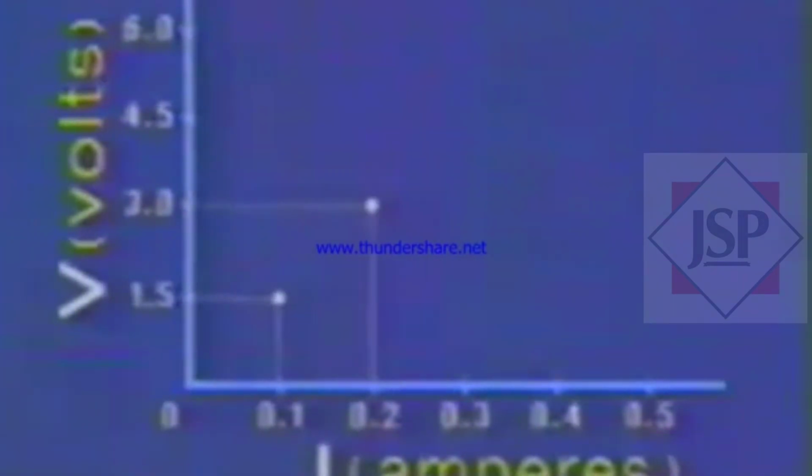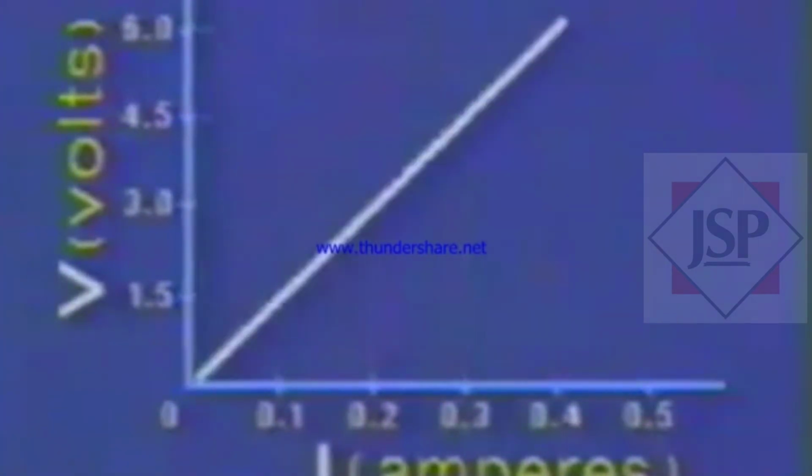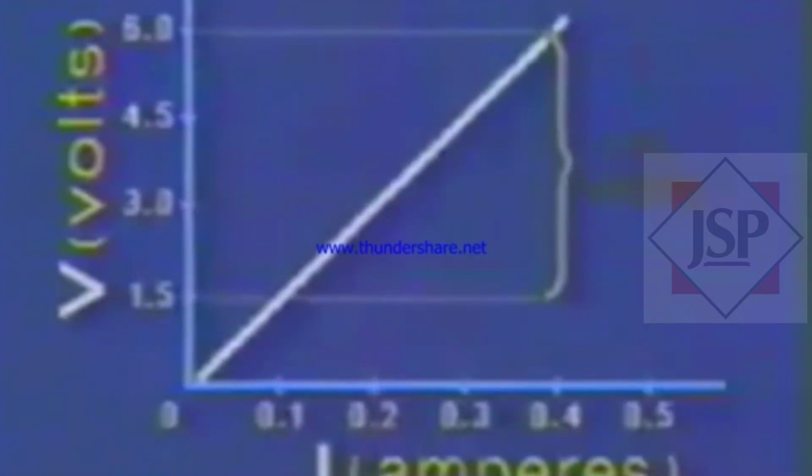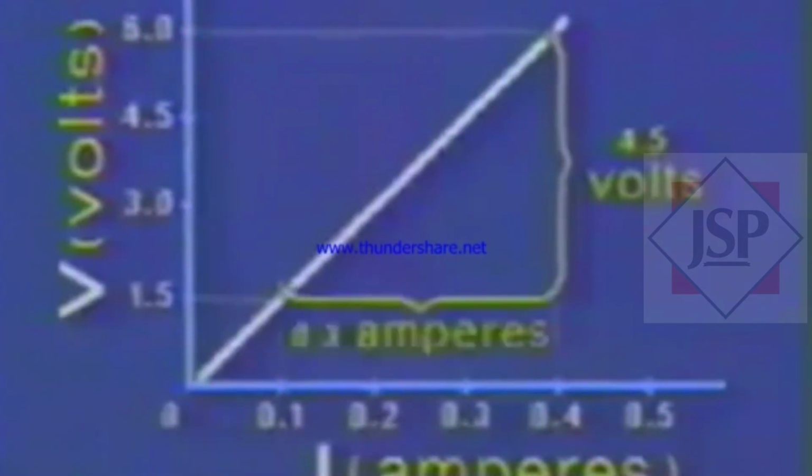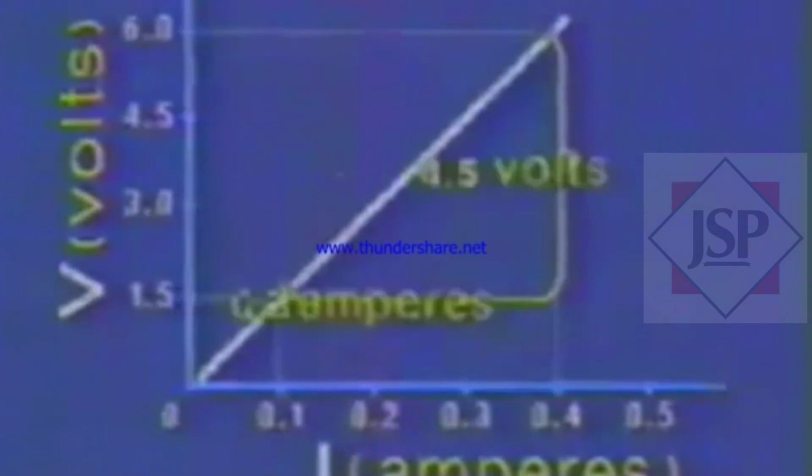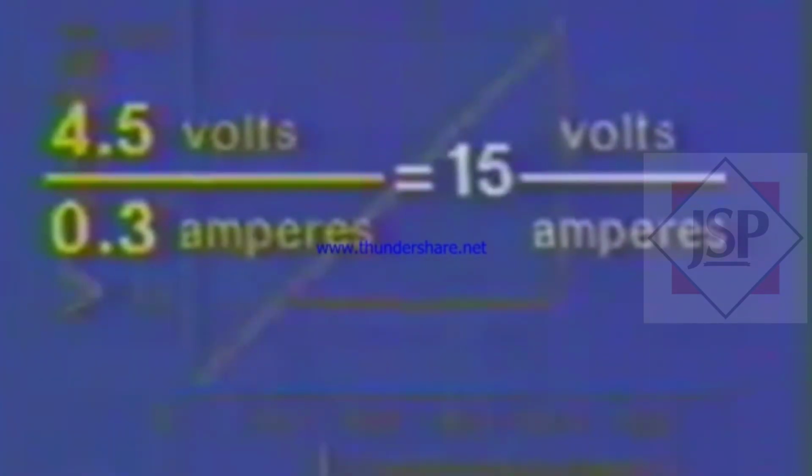So there is a linear curve we are getting, and we take the slope of this, that is the change in potential to the change in current. For example, I have taken 4.5 volt potential and 0.3 ampere current, we get 15 volt per ampere, that is ohm. Okay, 15 ohm we are getting.